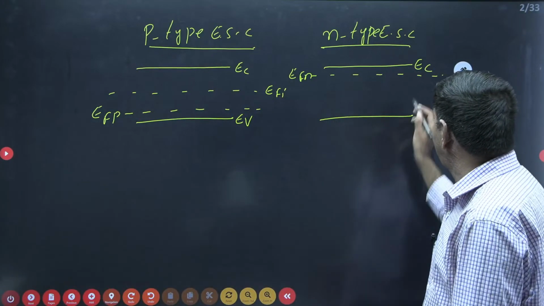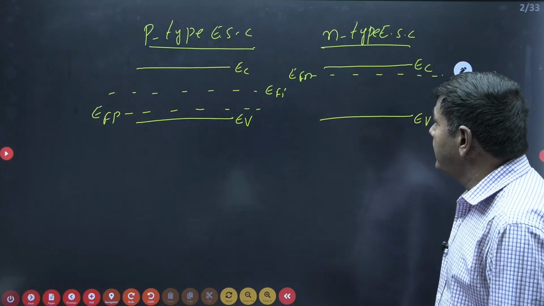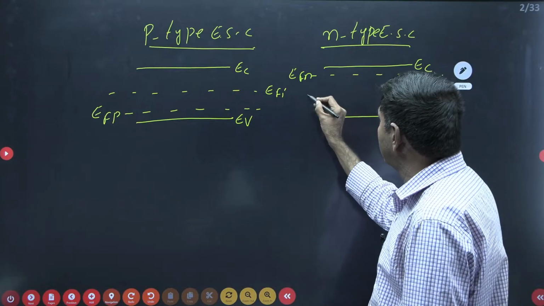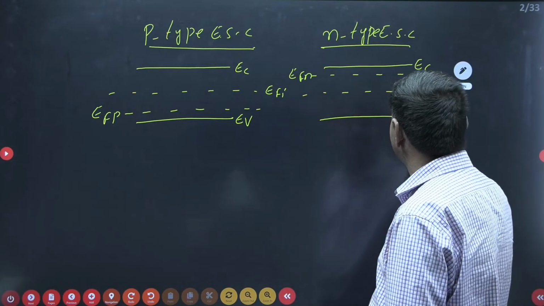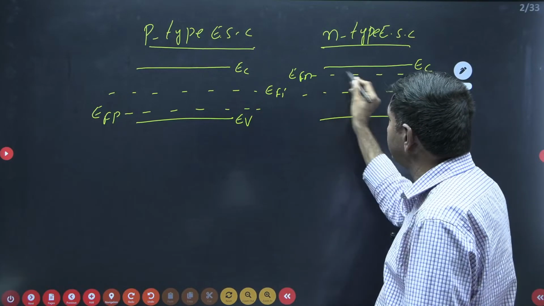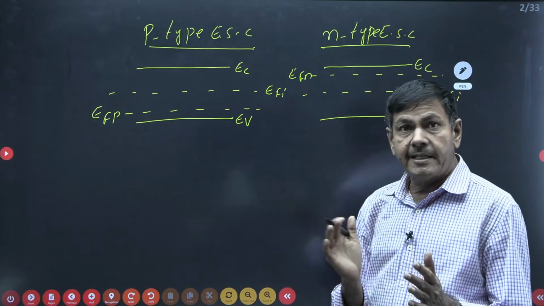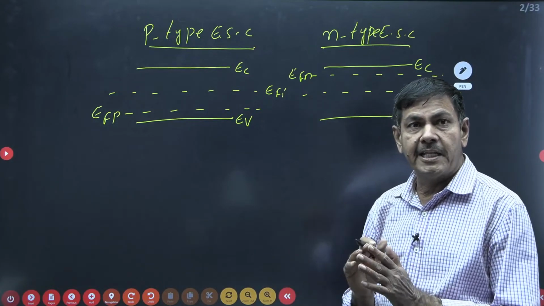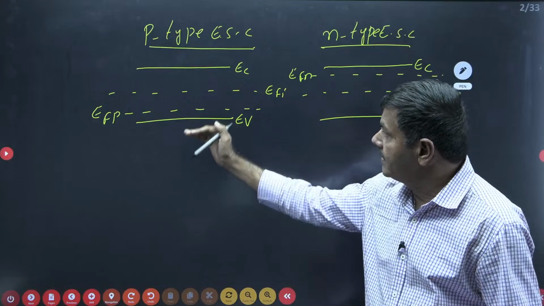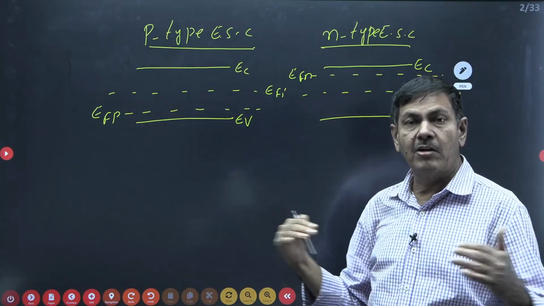Yes, I can draw EC here, and EFN comes here. EFI exists approximately at the center, I can write EFI. I can write this EFN. If p-type and n-type materials are taken separately, EFP is below and EFN is at the top, and they will not be on the same axis.